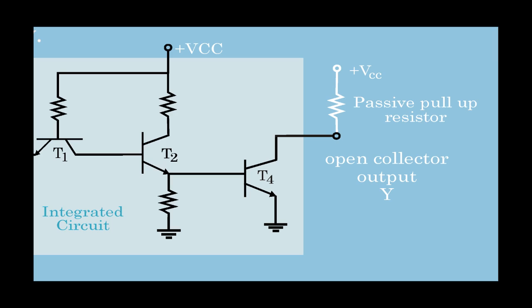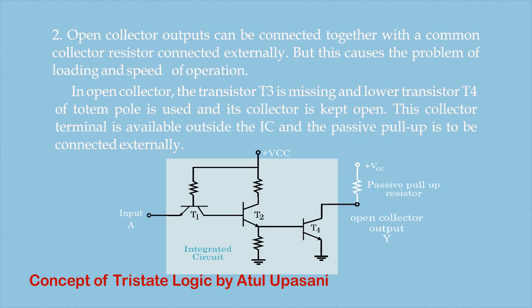So if open collector outputs are connected together and the resistor is common, this will load the circuit. That means the output of the first gate as well as the output of the second gate will have a delay. So we have already defined what is meant by propagation delay. I will repeat here.